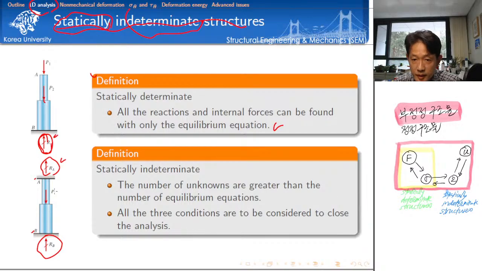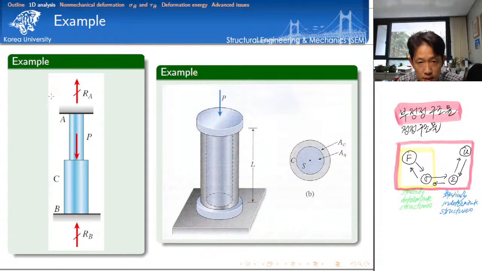Okay. Alright, so now let's discuss a simple example to understand the nature of the difference between the statically indeterminate structural systems and statically determinate structural systems. Okay, so I want to consider this example. This example is given here. The next slide.